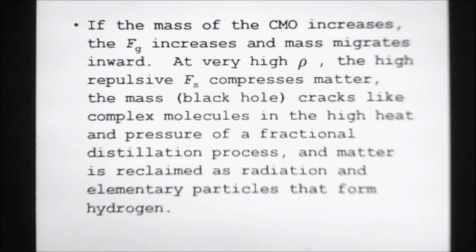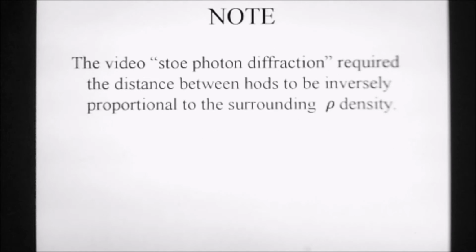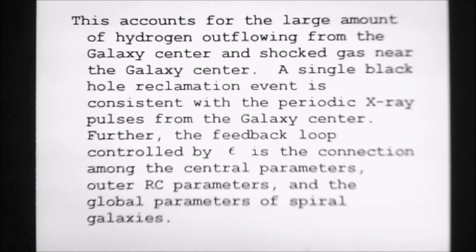The mass, say such as a black hole, cracks like a complex molecule in the high heat and pressure of a fractal distillation process, and matter is reclaimed as radiation and elementary particles that form hydrogen. Note, the video required the distance between Hodge to be inversely proportional to the surrounding plenum density, which is consistent with this model.